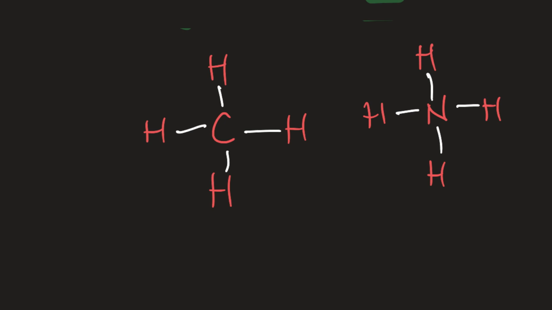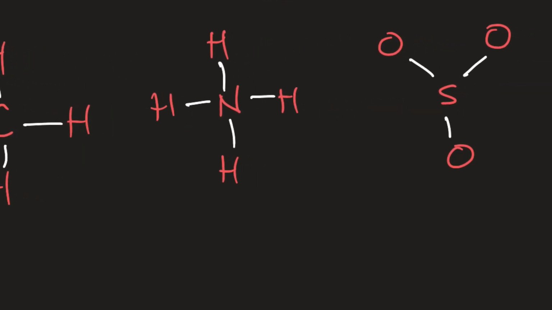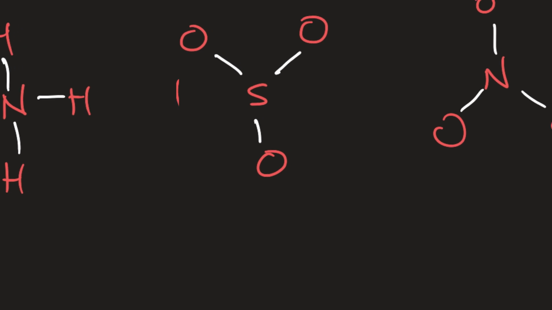So for the first example, methane, we don't do that, because all our outer atoms are hydrogens. We're not adding anything to this. Let's move on to our next example. Here we have the ammonium ion. Once again, all the outer atoms are hydrogens, so you don't add any lone pairs to them. We'll leave that alone.